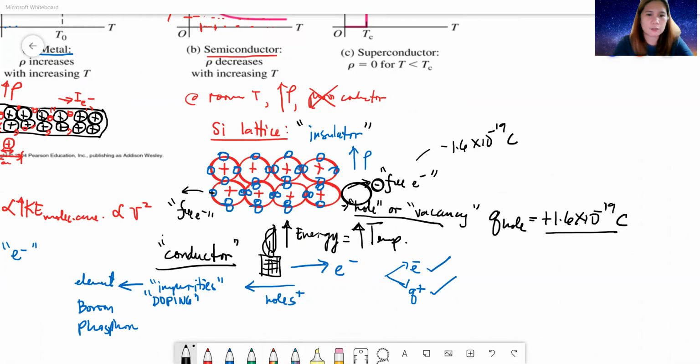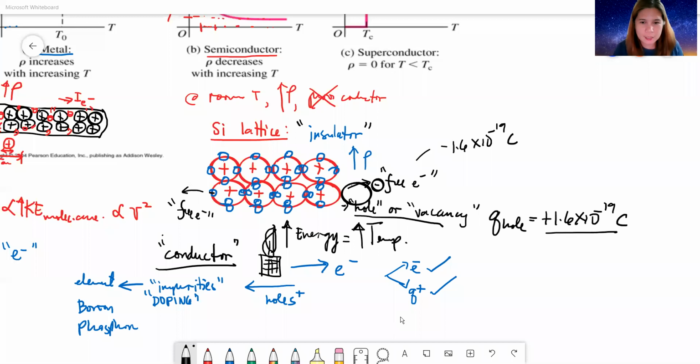Valence electrons of boron. 5. Ay, no. Ano ito? Wait. Boron. Wait. Okay, 3. Ayan, let's go back here.